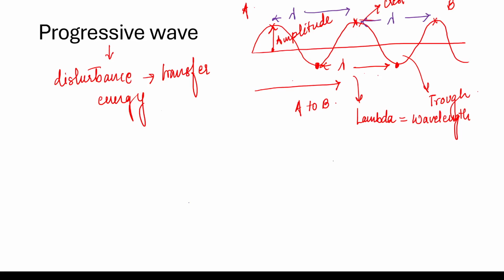Then we define frequency as the number of disturbances produced every second, and it is measured in hertz. So how many waves, how many disturbances are produced every second, that is the frequency. And then we also define time period.